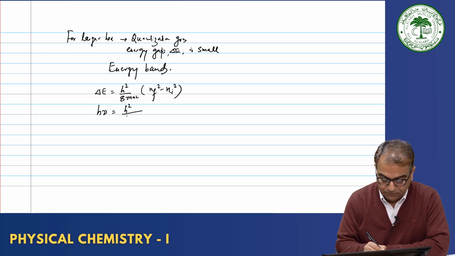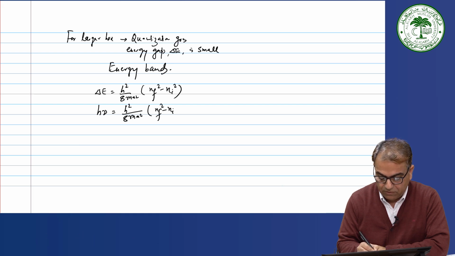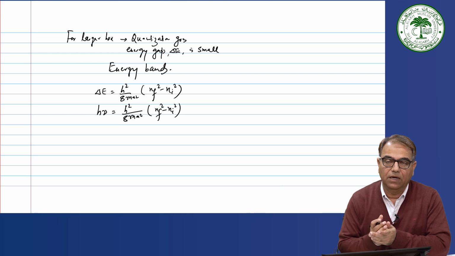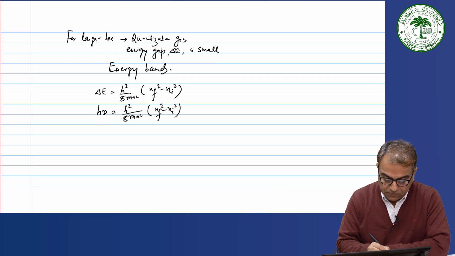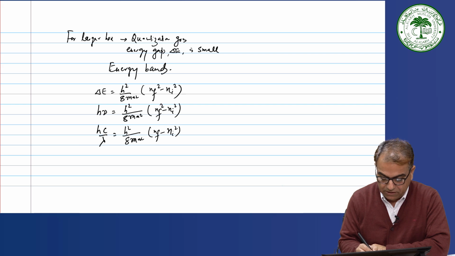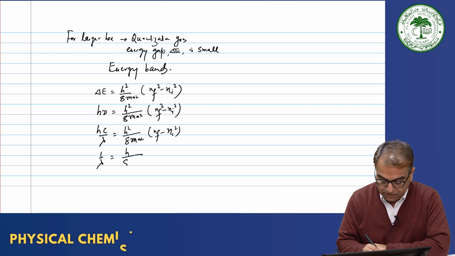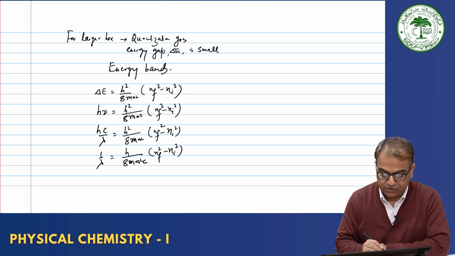Since energy will be provided in the form of electromagnetic radiation, we can say hc by lambda is equal to h square divided by 8 ma square times nf square minus ni square, or 1 by lambda you can write as h divided by 8 ma square c times nf square minus ni square, okay.